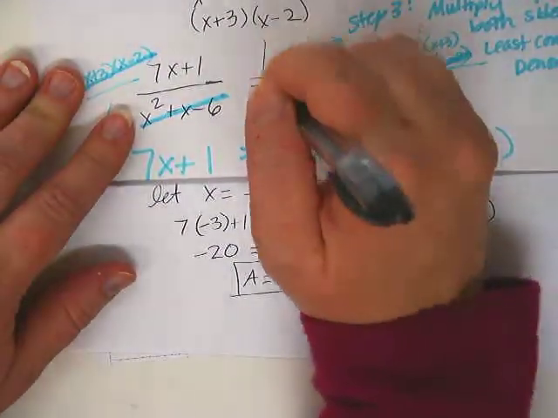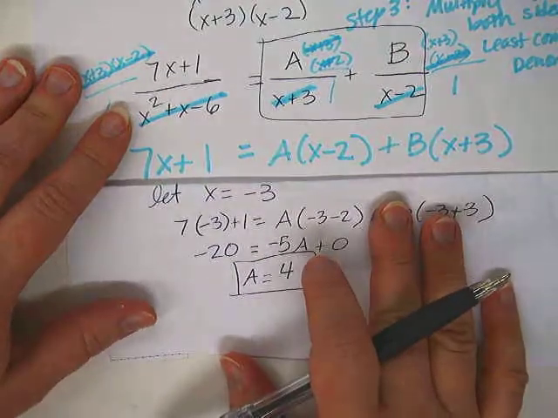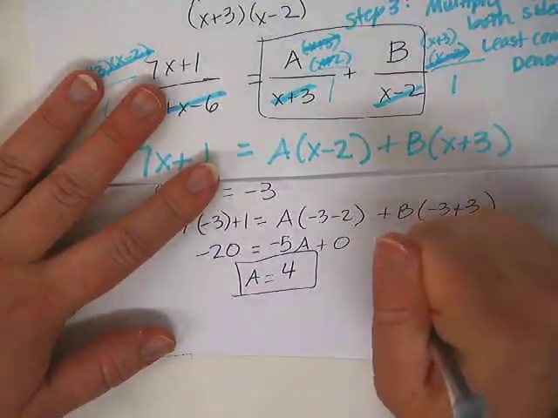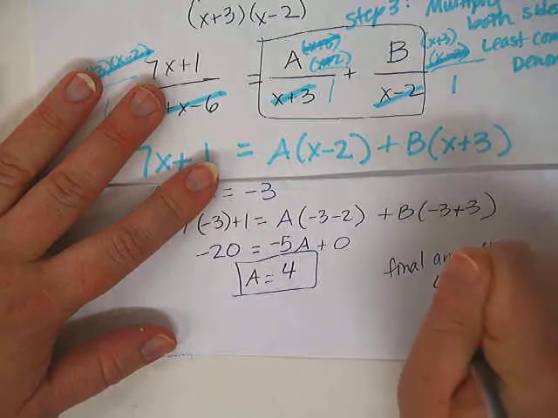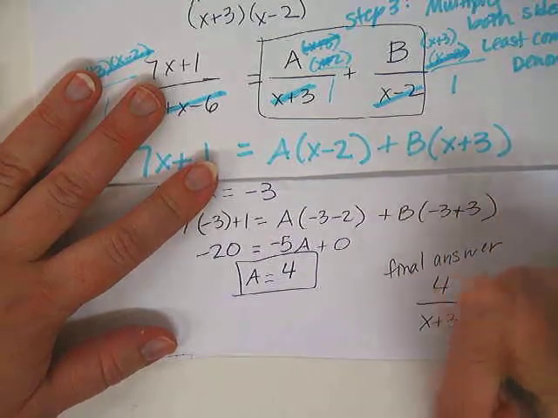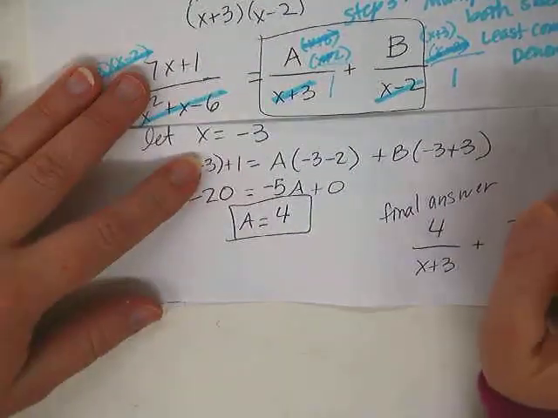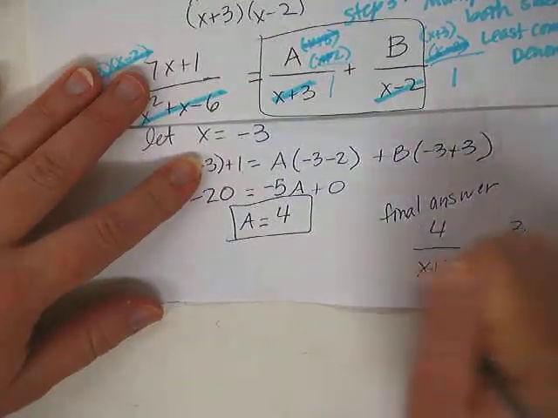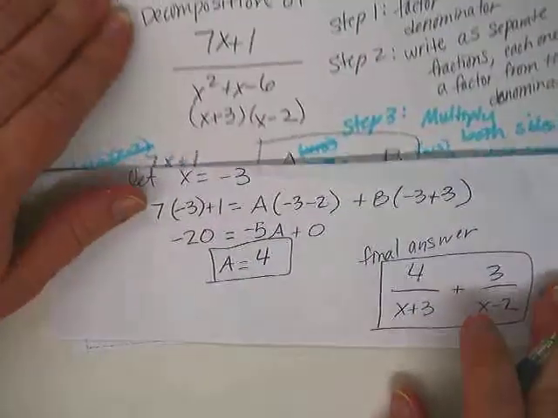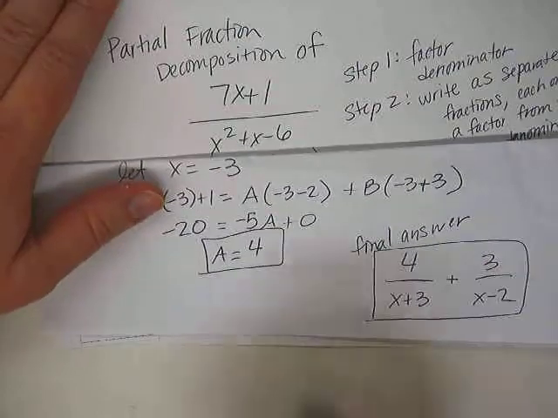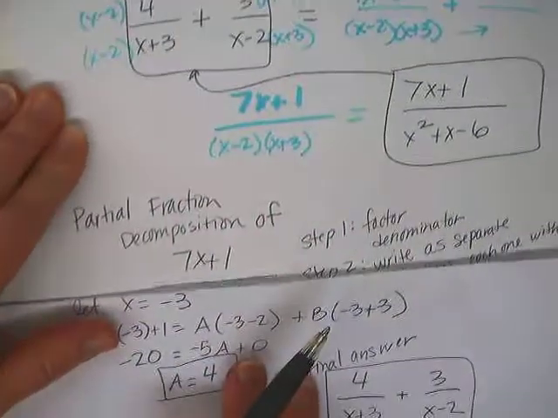Okay, so we just found B equals 3, and we found A equals 4. Are we done? No. We are sort of done. We just need to do the last step, which is going back to this piece right here and plugging in A and B. So our final answer will be 4 over x plus 3 plus 3 over x minus 2.